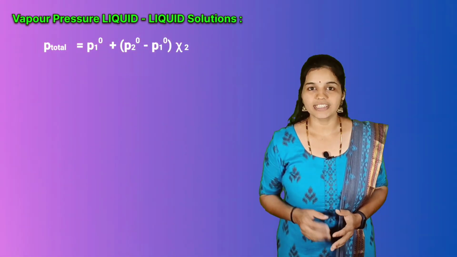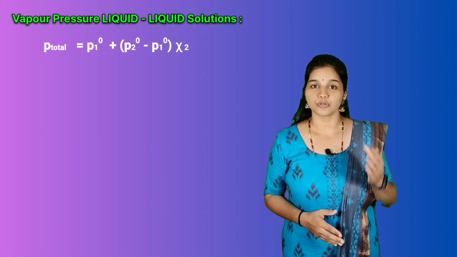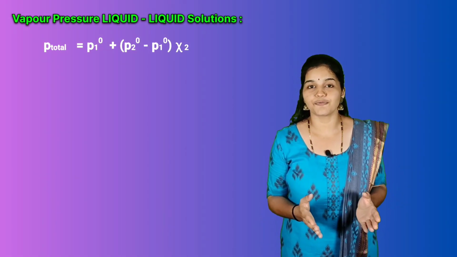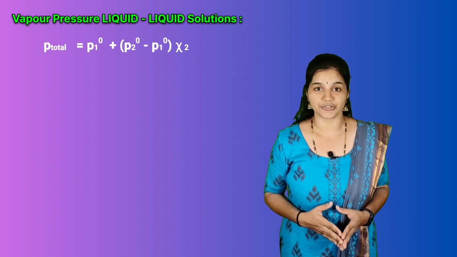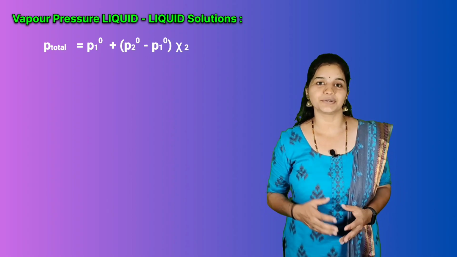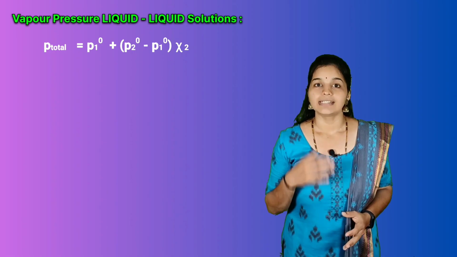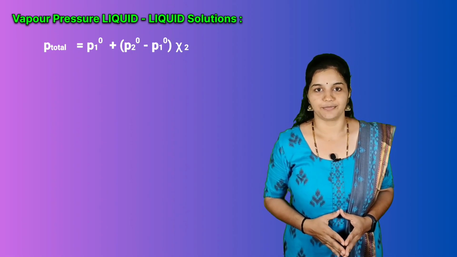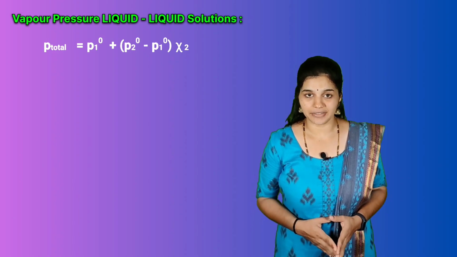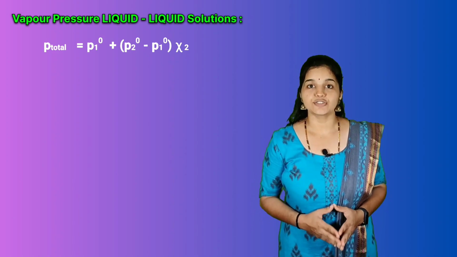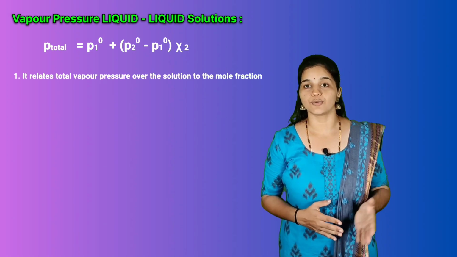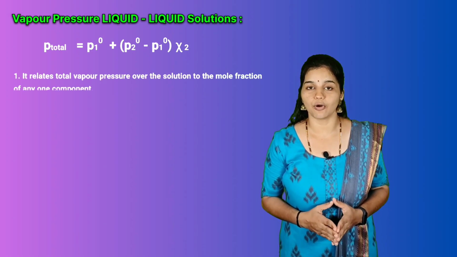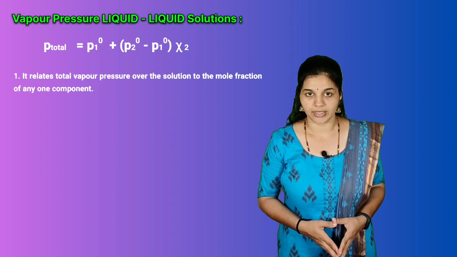What can you tell about the relationship between total pressure, partial pressures of pure components and mole fraction of component by looking into this expression? Try to figure out what information this equation gives. So, we can tell that the equation relates total vapor pressure over the solution to the mole fraction of any one component.